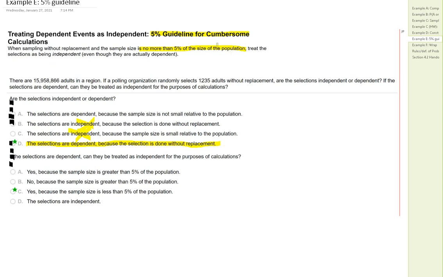At that point, you can treat the selections as being independent, even though they're not. It's okay. We're just going to kind of wink and nod and ignore that, because it's actually a lot easier to do it if they're independent. All you have to do is square it or raise it to some particular power, etc.